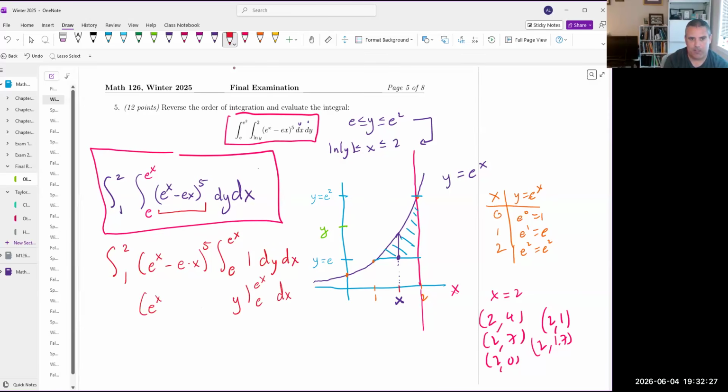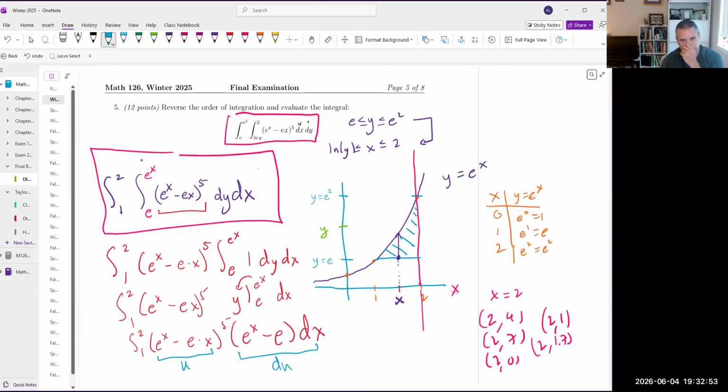I like asking people to reverse and not integrate anymore because I like to separate the skills. But what you're going to get is the integral from 1 to 2 of e to the x minus e times x to the fifth, e to the x minus e. And the answer is yes. If you do a substitution, it's going to come out just right because this is u and this is du. If I was grading this, that might be worth 1 point though, because I want to see the reversing the order. That's the main skill.